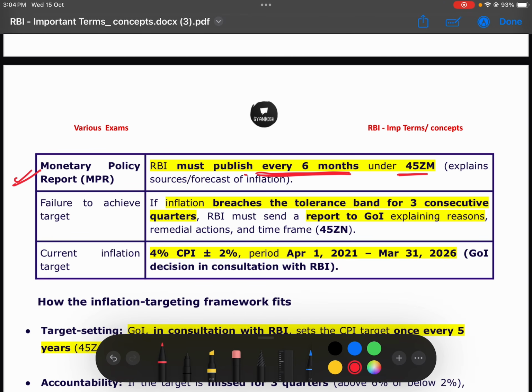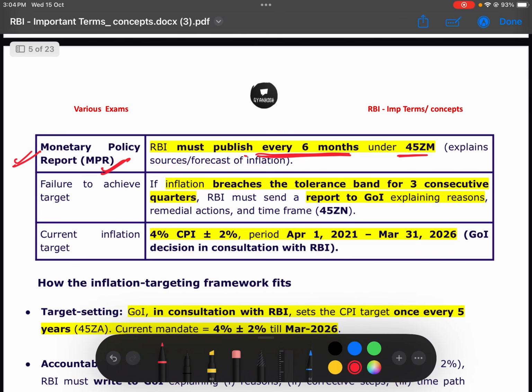The section you may not remember, no issue there, but the report must be published every 6 months. Now, if RBI fails to achieve the inflation target, or breaches the tolerance band for 3 consecutive quarters, then RBI must send a report to the Government of India explaining the reasons, remedial actions, and the time frame within which it will be resolved.